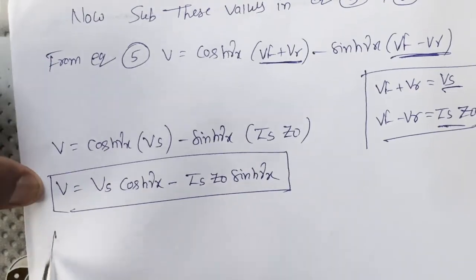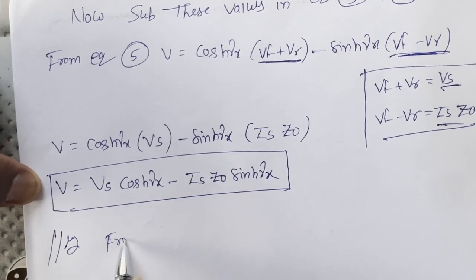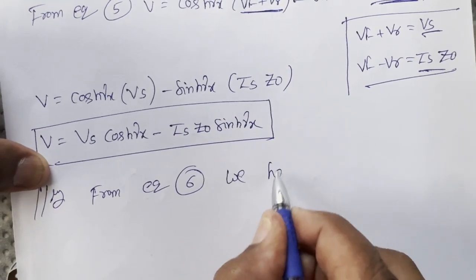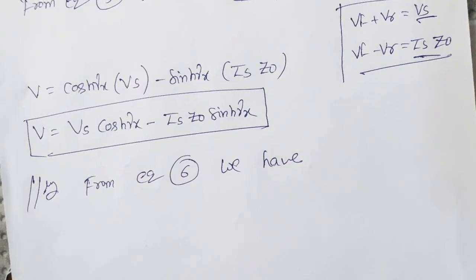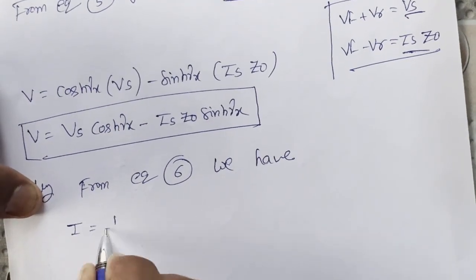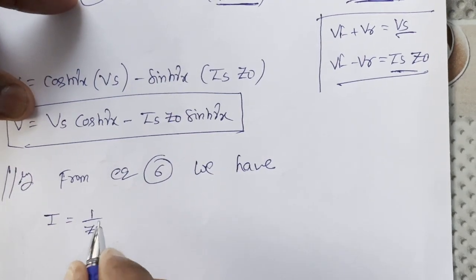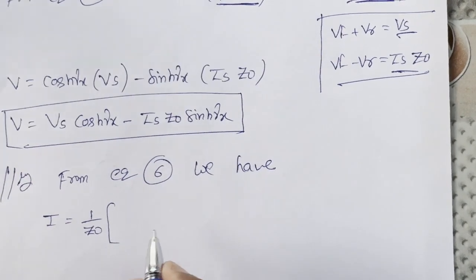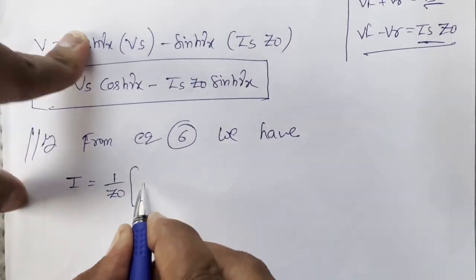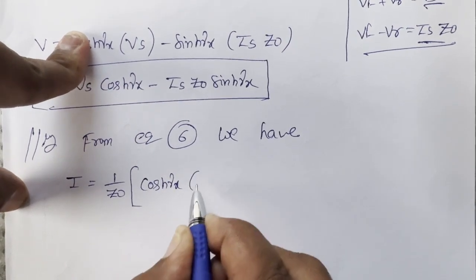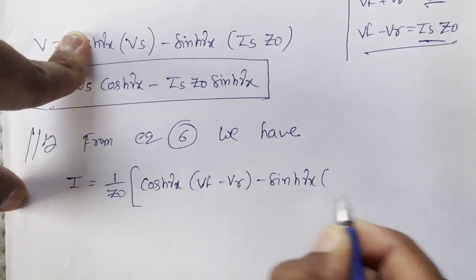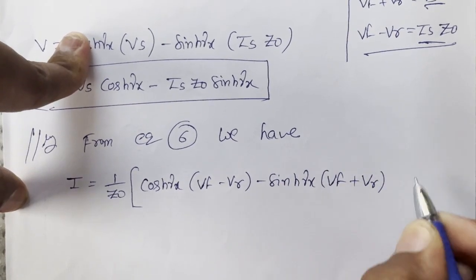Similarly, from equation 6, I am writing equation 6 again: I equal to 1 by Z0 into cosh gamma x into (Vf minus Vr) minus sinh gamma x into (Vf plus Vr).